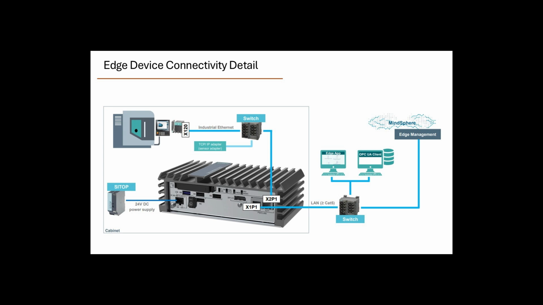These are Ethernet ports. The X1 port goes out to our network. The Edge device is very capable. It's an industrial PC. It has its own firmware. It has different Edge applications that you can install on it.